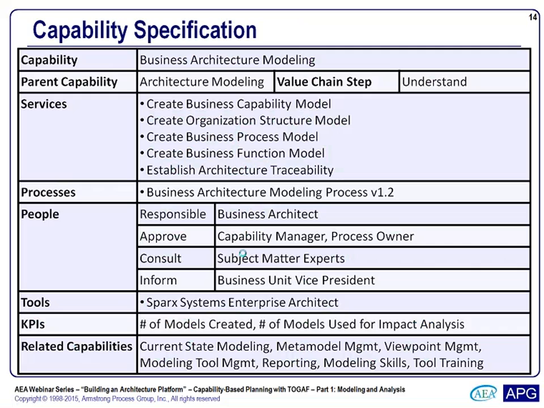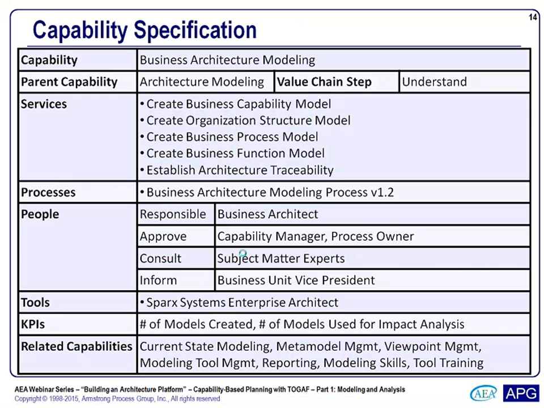specification. This is an excerpt from, I think, our first webinar in the series, the Enterprise Architecture Value Chain, where we talked about a value chain for enterprise architecture, and here's one of the capabilities, business architecture modeling. It's a sub-capability of the parent architecture modeling capability. It is a part of the understand step of the value chain.